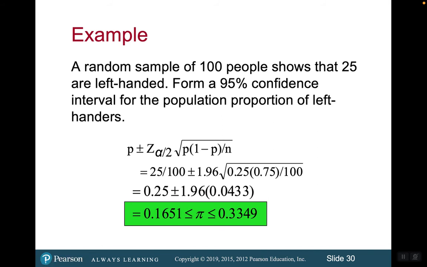So our estimate of the population proportion of left-handers is between 0.1651 and 0.3349.